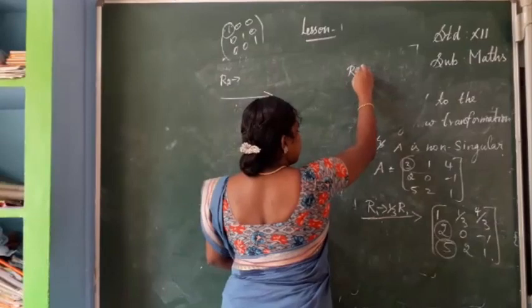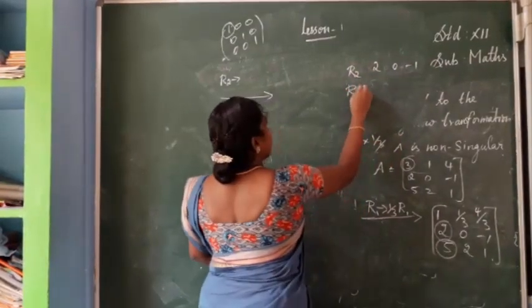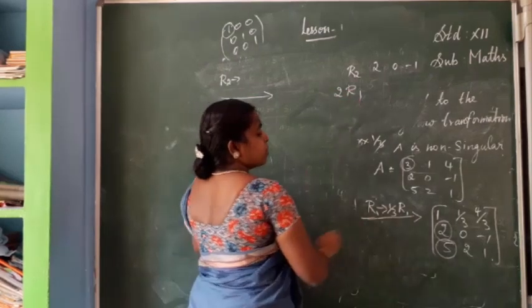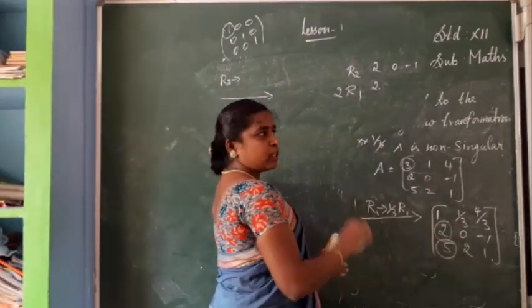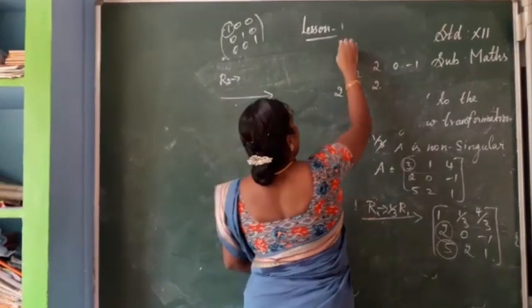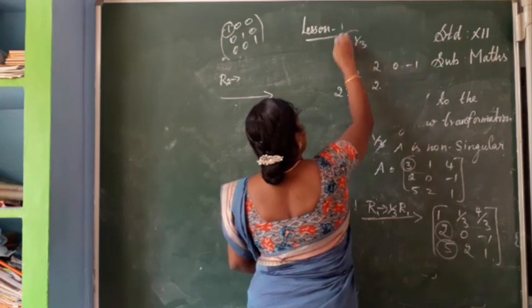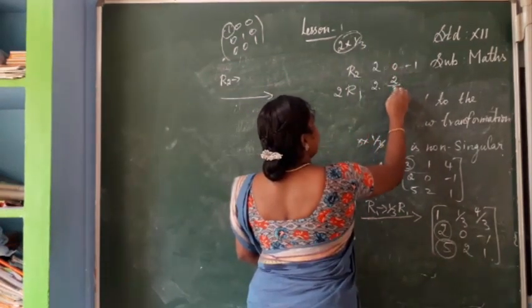So R2 is 2 0 minus 1, and R1 I am going to multiply by 2. Now what do you get? 2 into 1 is 2. 2 into 1 by 3 means only the numerator you multiply: 2 into 1 is 2, remaining by 3.